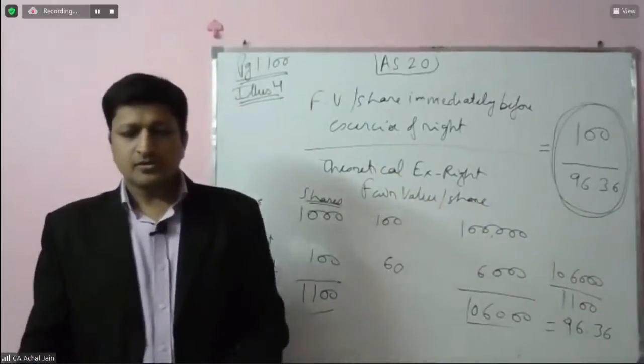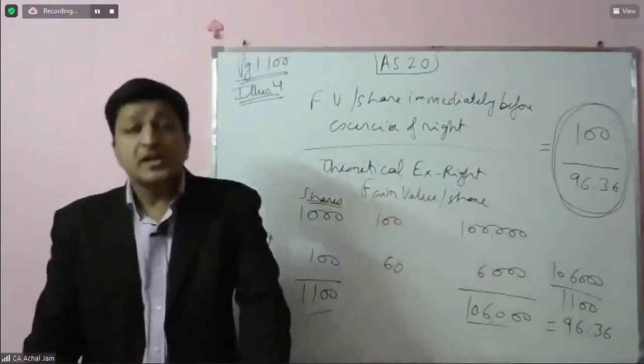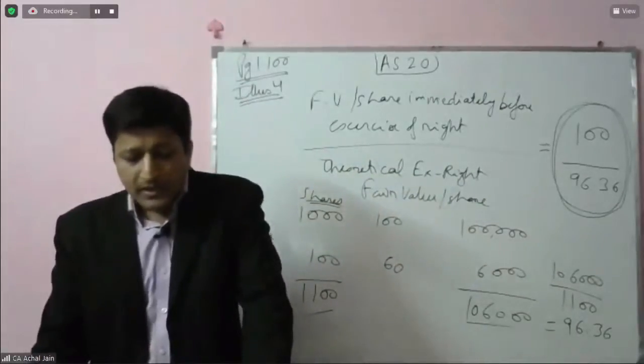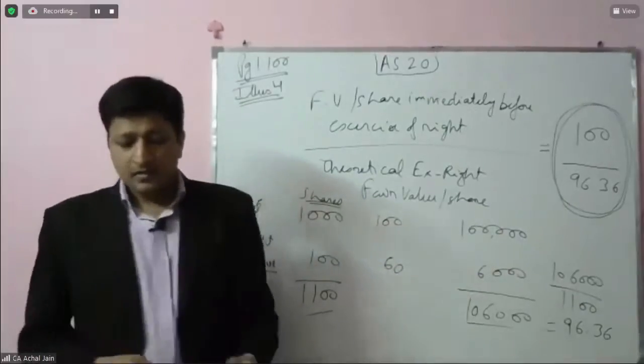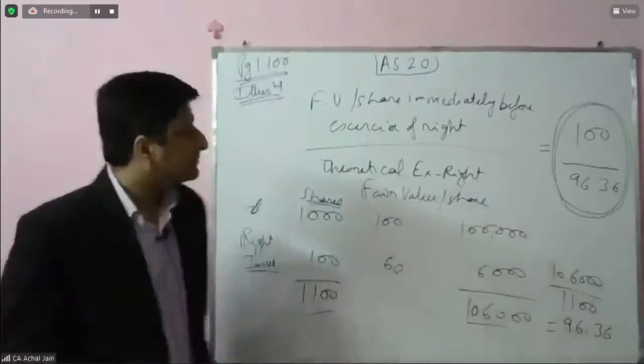Khushi and Anushka have understood. Sakshi is also clear. Very good. So let's move on to this illustration. Net profit for the year X1 was 11 lakh. For X2 was 15 lakh.